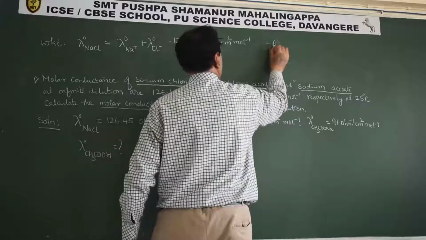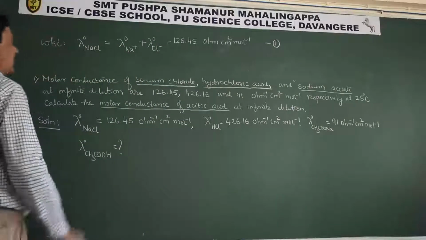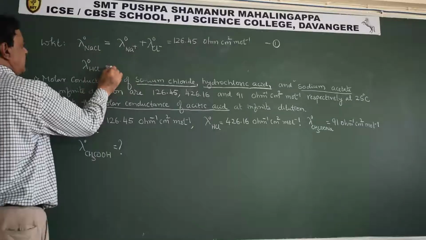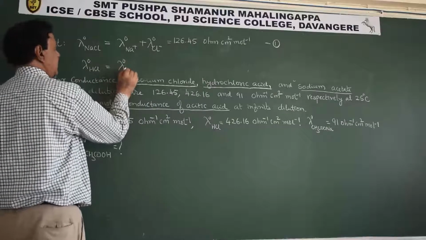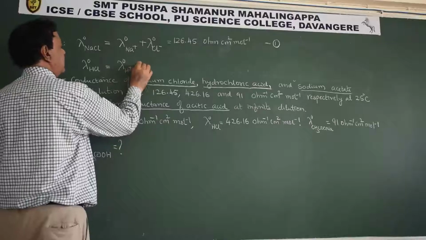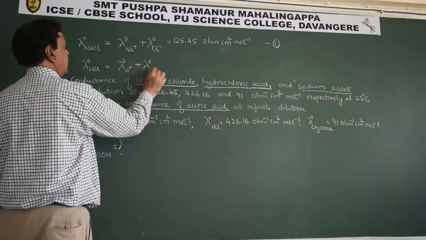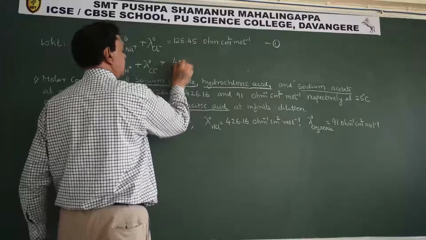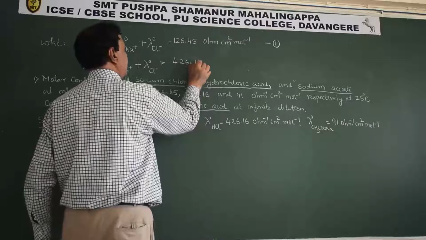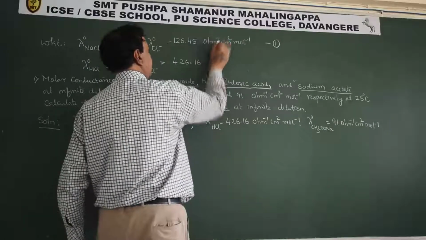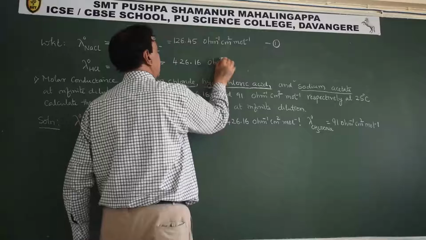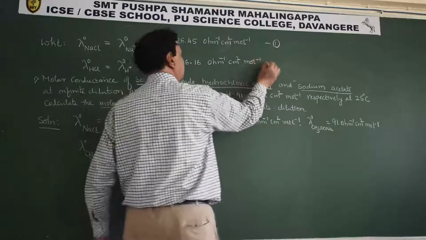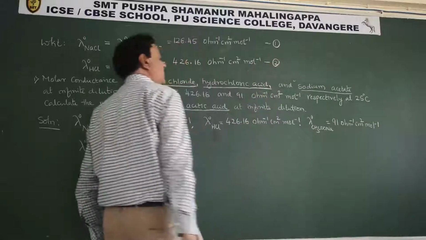Call this equation number 1. And lambda naught of HCl is given by lambda naught of H plus ion plus lambda naught of Cl minus ion, that is equal to 426.16 per ohm square centimeter per mole. Call this equation number 2.